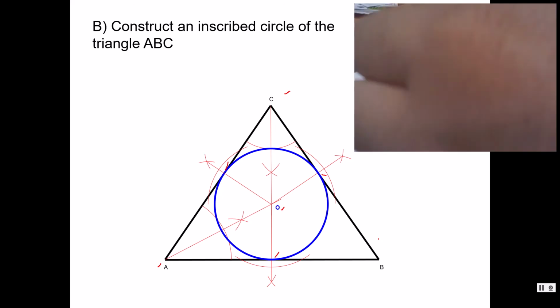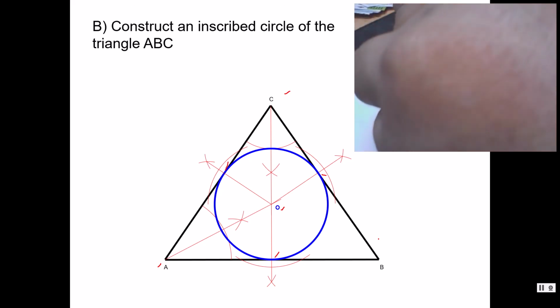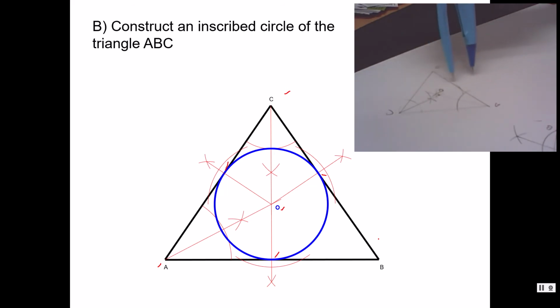From this point O, we are going to draw a circle here. Okay, so the point that touches the circle and the line, okay, so this is the point.